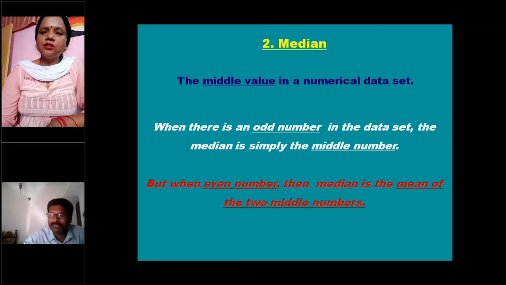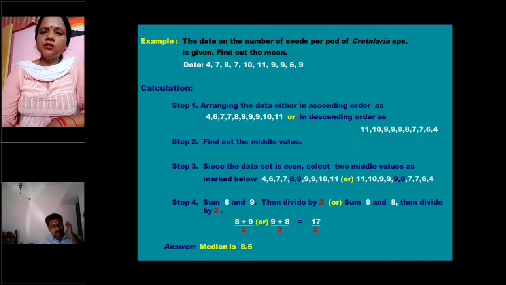So for computation of the median, first we have to arrange the data either in ascending order or in descending order, as given here. I used the same example. So the first step is to arrange the data in ascending or descending order.